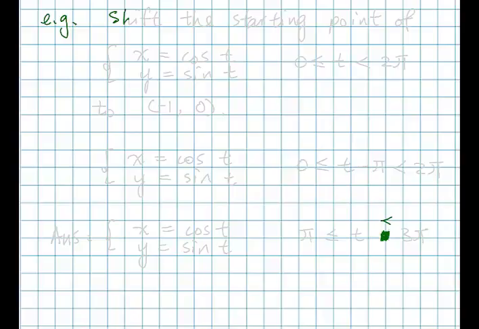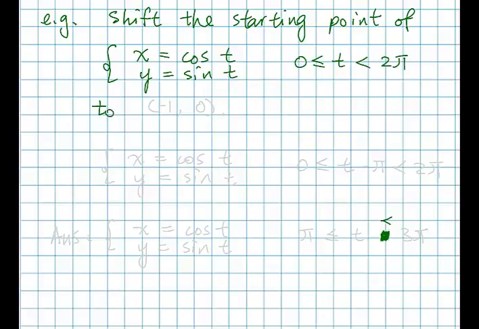For example, we will shift the starting point of the unit circle described by x equals cosine of t, y equals sine of t, t ranges from 0 to 2 pi, including the endpoint 0, excluding the endpoint 2 pi, to negative 1, 0. We notice that the point negative 1, 0 corresponds to t equals pi.